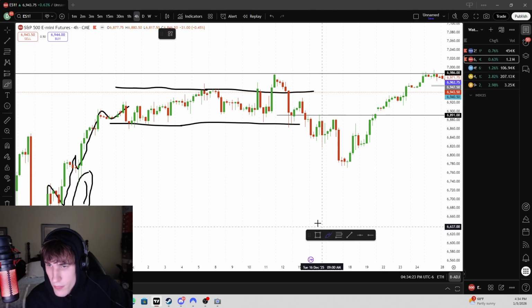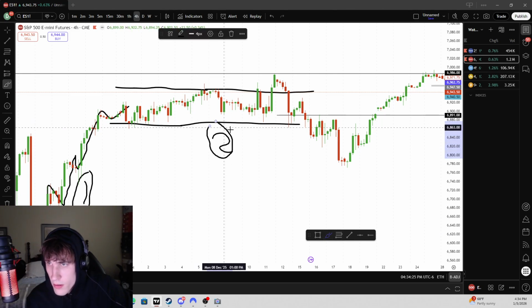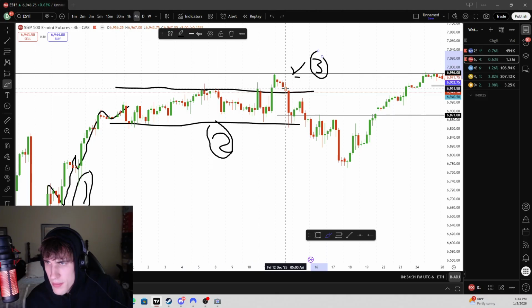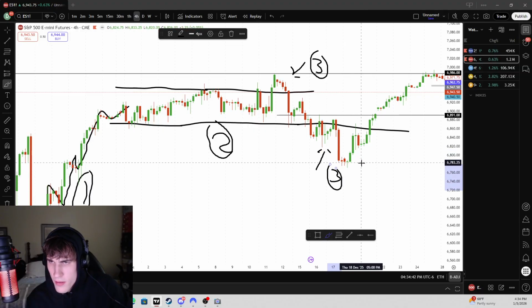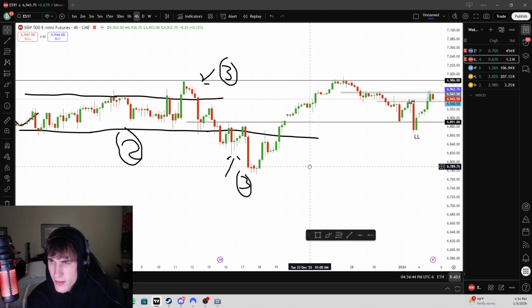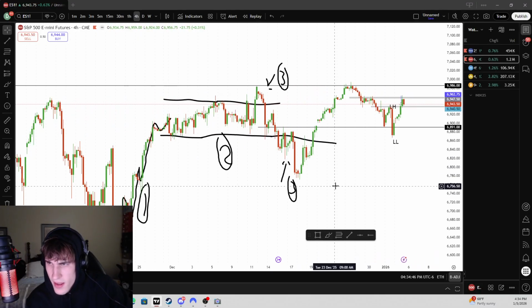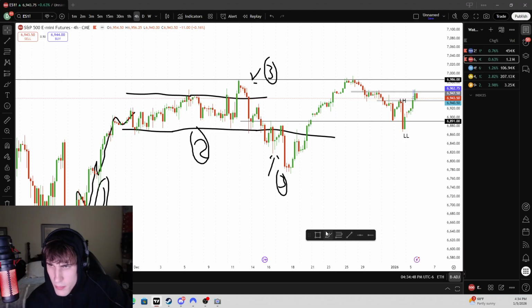And then what did price do? Okay, step 2. Then you can consider this a fake out because price pushed up above this level and then rejected right below it. And this also could be a fake out. Like I said, it could fake out on both sides. And then price decided, okay, boom.